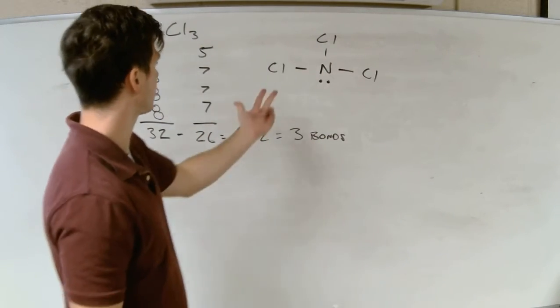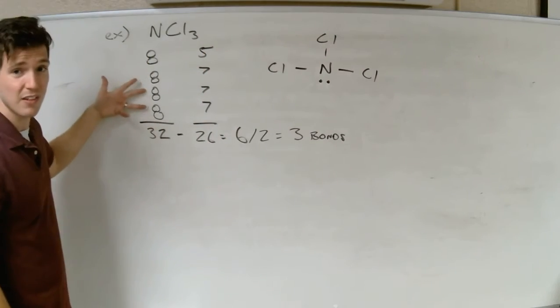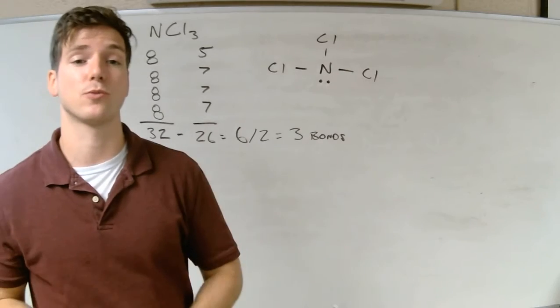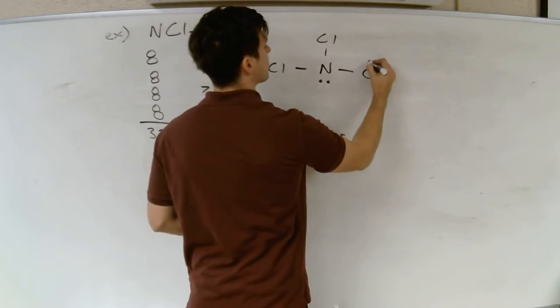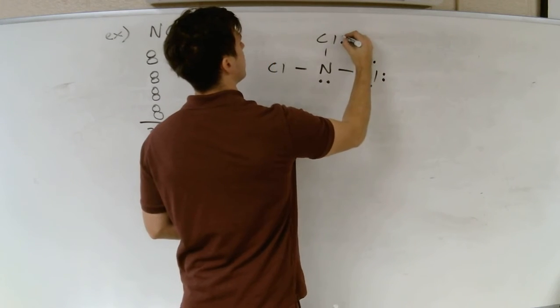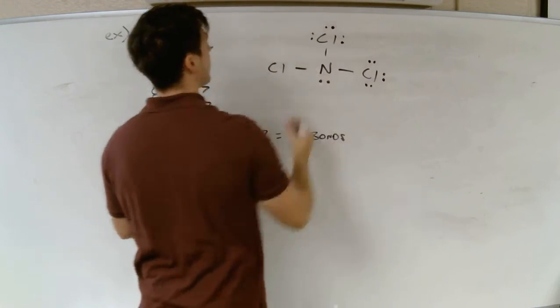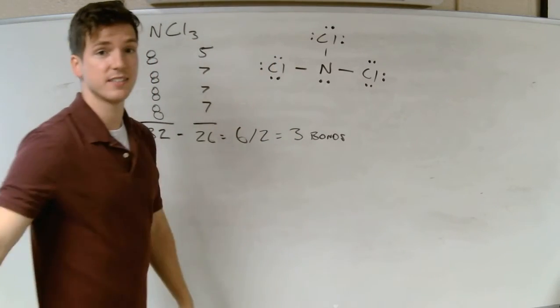Each of these chlorines is only surrounded by 2 electrons. But once again, they follow the octet rule, so let's surround them by 6 more electrons to make them happy. 2, 4, 6, 8, for each of the three chlorines.